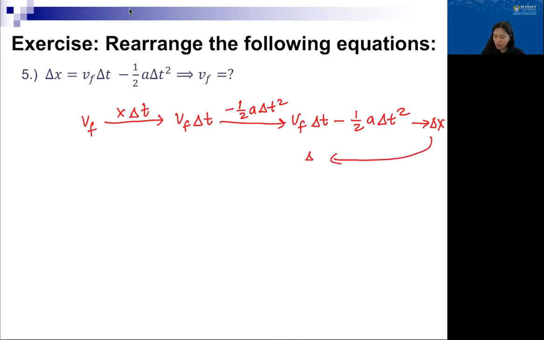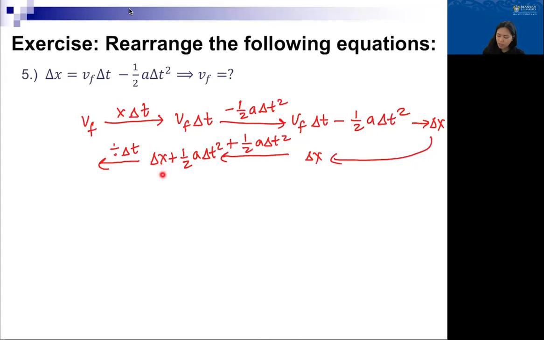Doing the reverse operation, you start from delta x, undo the last operation you did. Reverse of minus is plus, so you need to add 1/2 a delta t squared to delta x. That will give you delta x plus 1/2 a delta t squared. And then you have to undo this times delta t by dividing by delta t.